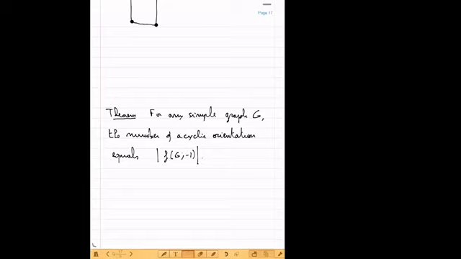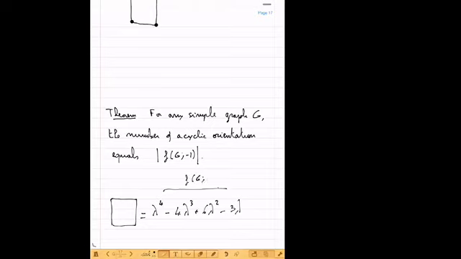So let's look at the square. Let's verify. Again, these are not proofs, and I don't think it would be appropriate to do a proof. This is what we found before, what I've been calling the chromatic polynomial of G at lambda.